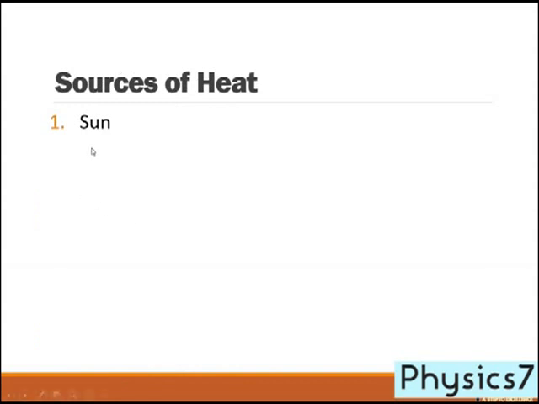Now, the main source of heat that you're very familiar with is going to be the sun. And the sun provides us with all the thermal energy that we need to sustain life on our planet. Without the sun, life on our planet would not be possible, because the sun is responsible for a number of processes that take place on our planet.